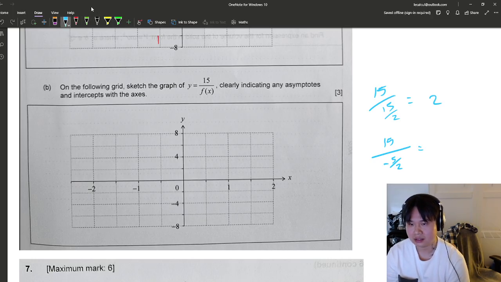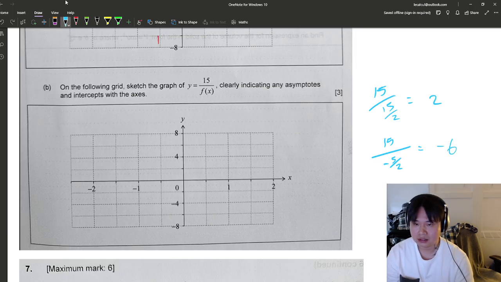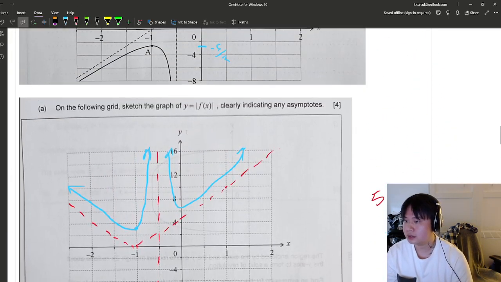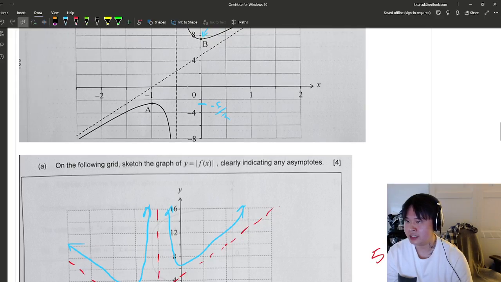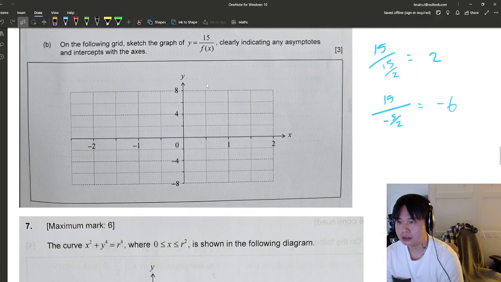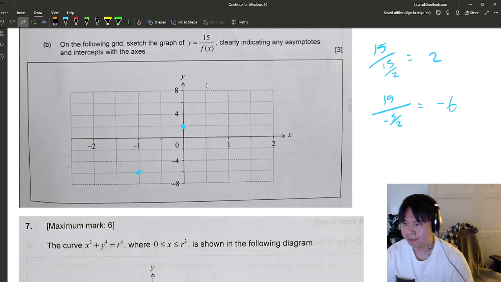I think it's 6. -6. Okay. So they are at an x value of -1 and on the y-axis. So dot here, dot here.